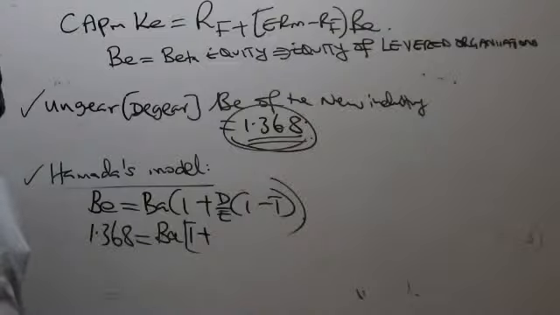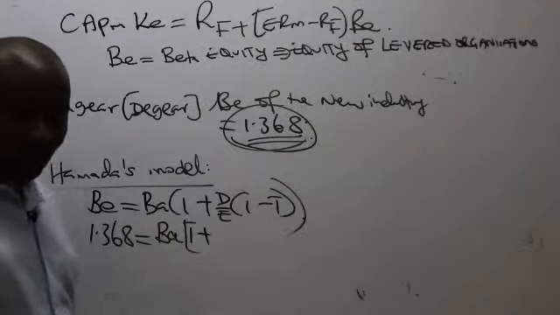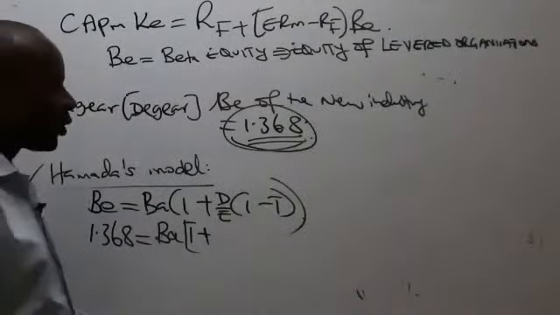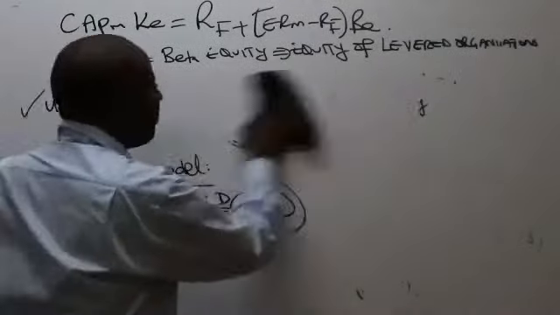For the industry, they're saying 1/5. The average debt to equity ratio, I think how that question was written in the revision kit, they must have taken quite a bad figure there.